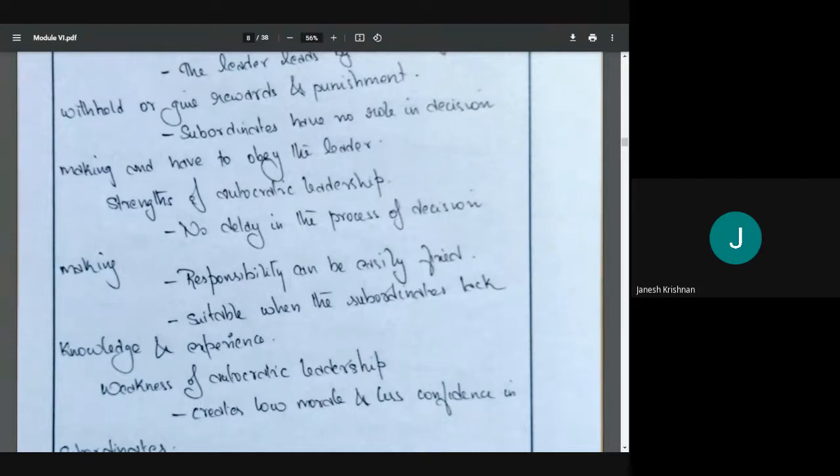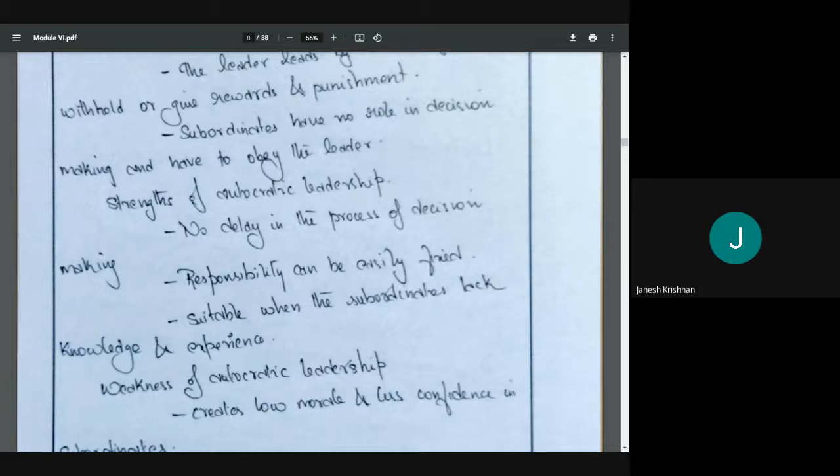So many heads are involved in decision making, but here only the leader is there. He will do what he thinks is good, what he thinks is right. So there's no delay in decision making in this case.